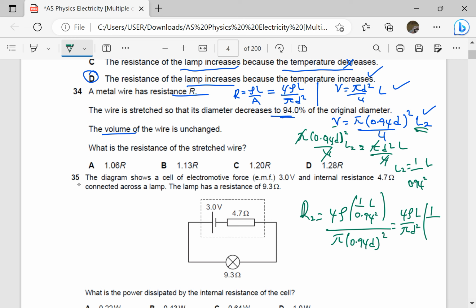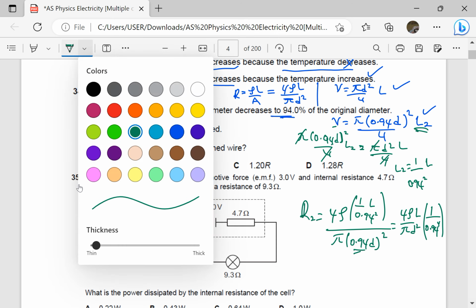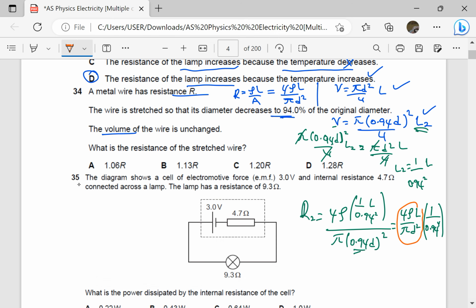The d squared has been moved out, but this one is also squared, so it becomes 0.94 raised to power 4, because it's 1 over 0.94 squared, again divided by 0.94 squared. But this part alone is R. So R2 is going to be R times 1 over 0.94 raised to power 4.